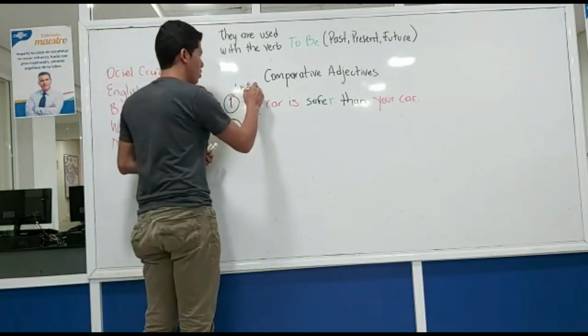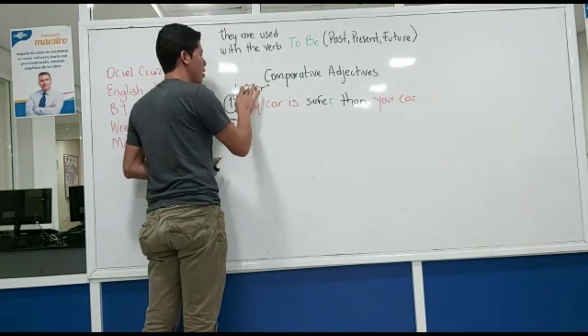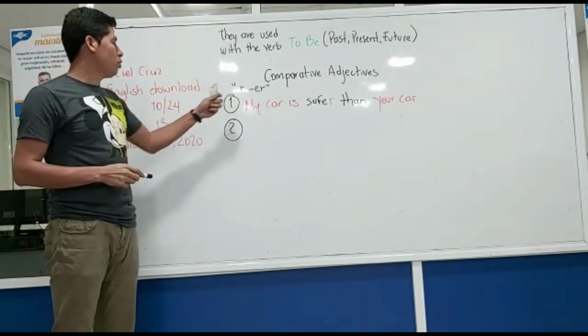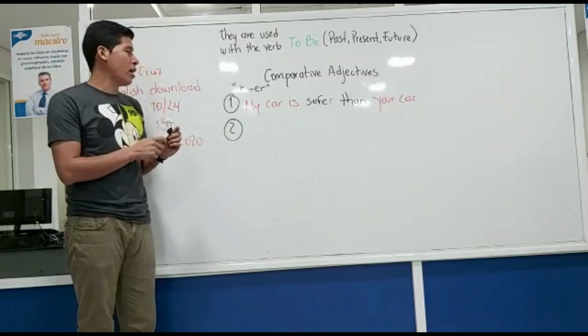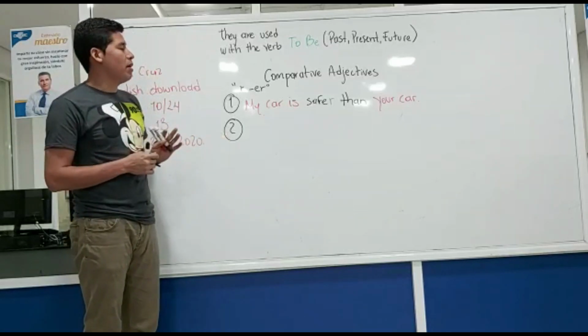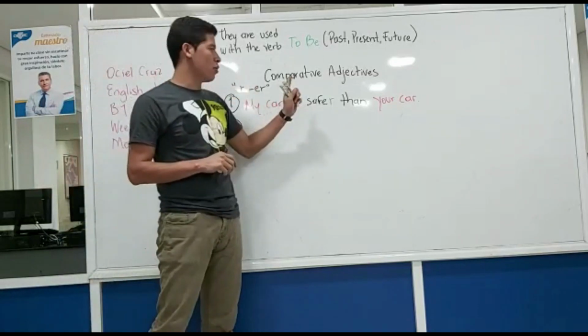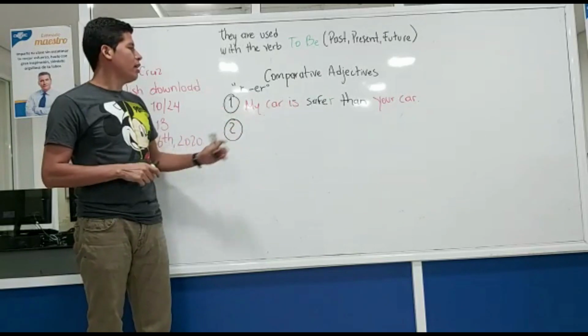We need to use ER. We are going to use it with adjectives that have maybe one or two syllables and end in a consonant. We need an adjective that ends in a consonant.